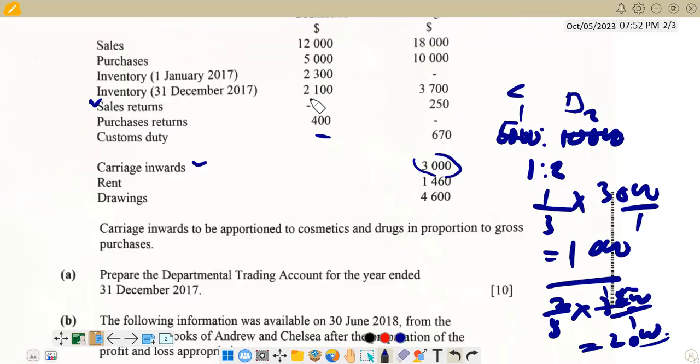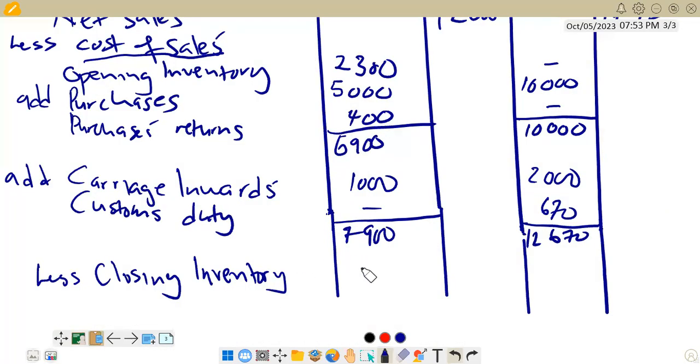We are getting 2,100 for cosmetics and 3,700 for drugs. So these are the figures that we are going to put: 2,100 here and 3,700 here.